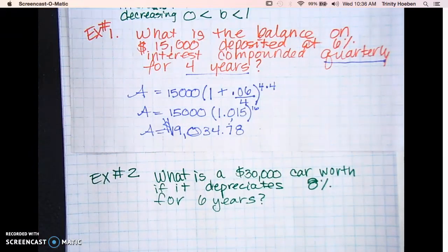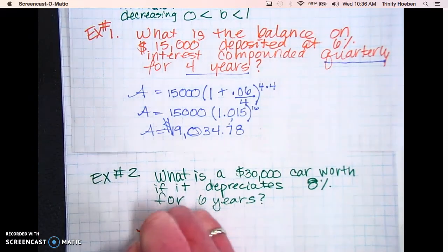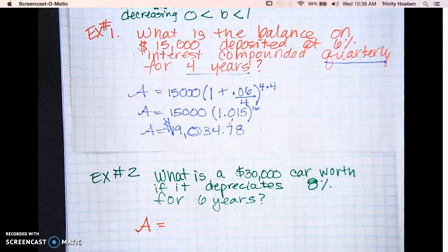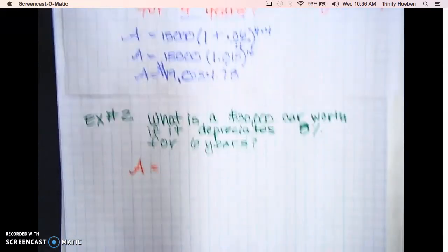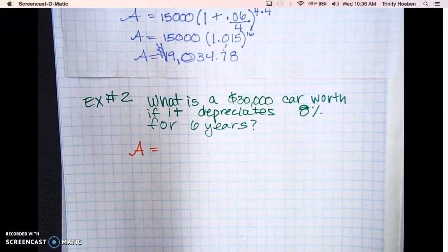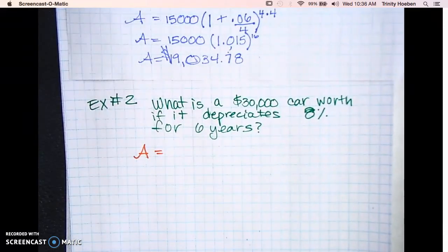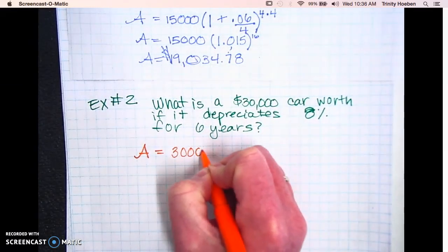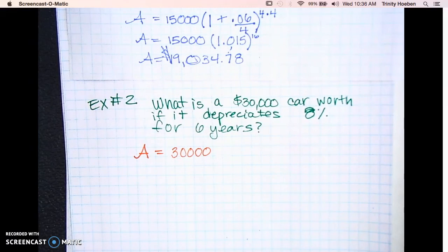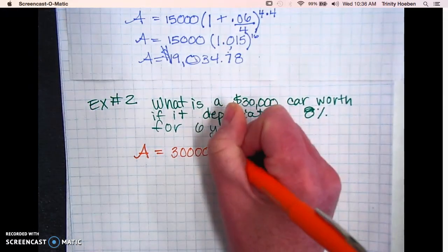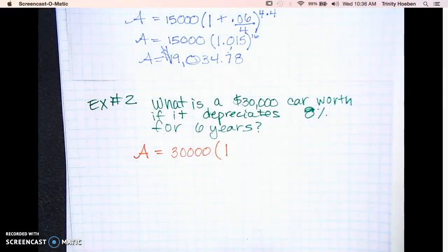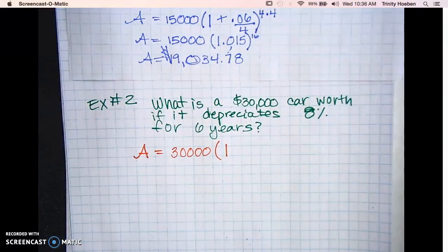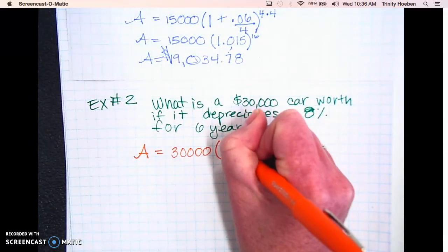Okay. So we're going to start with our A because we want to know the amount we're going to end up with, the total money at the end. And then we need our principal, our amount invested, our $30,000. Say goodbye, right? And then we're going to take 1, and this time the value of the car is depreciating, so we're going to subtract.